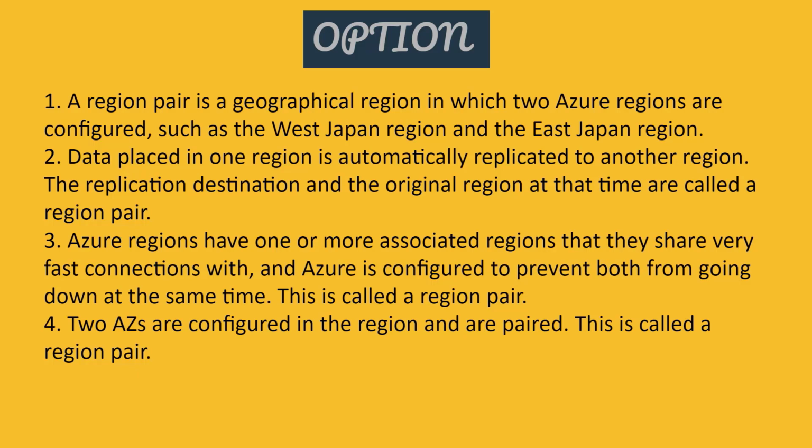The replication destination and the original region at that time are called a region pair. 3. Azure regions have one or more associated regions that they share very fast connections with, and Azure is configured to prevent both from going down at the same time. This is called a region pair. 4. Two AZ are configured in the region and are paired. This is called a region pair.